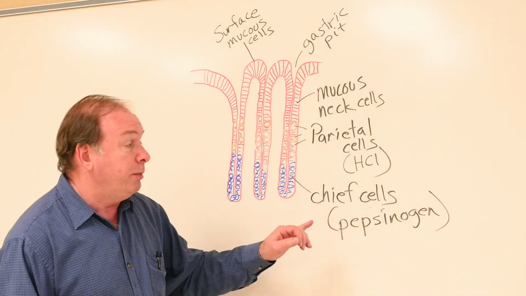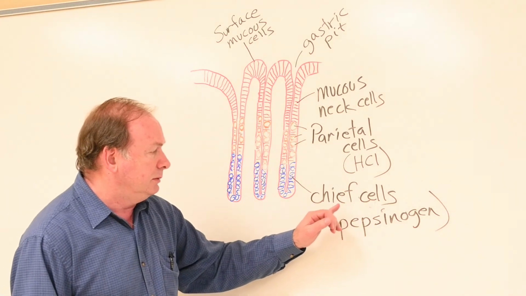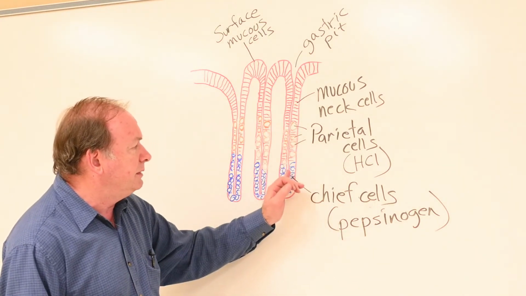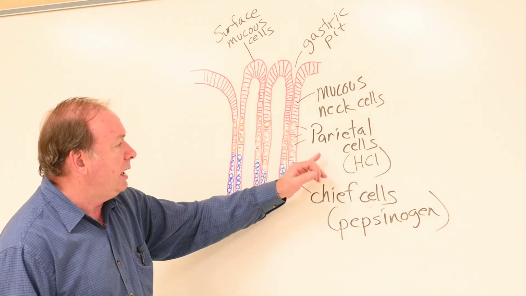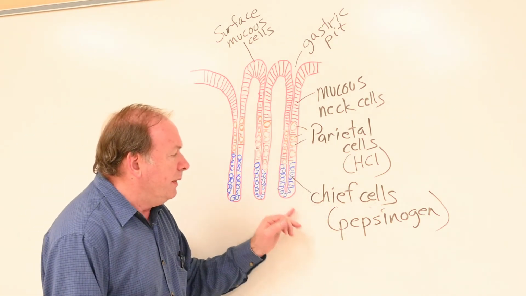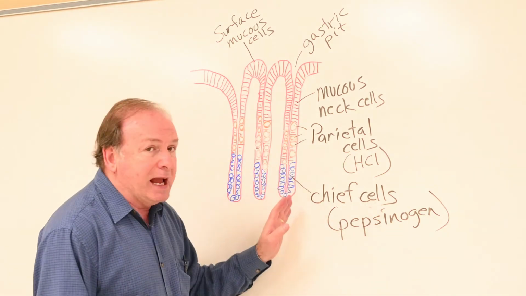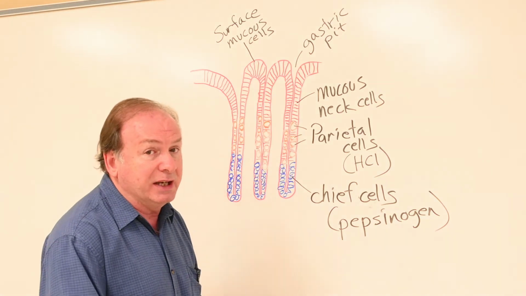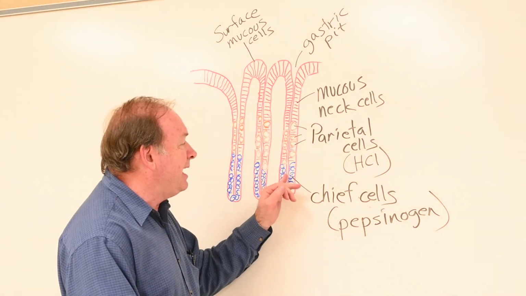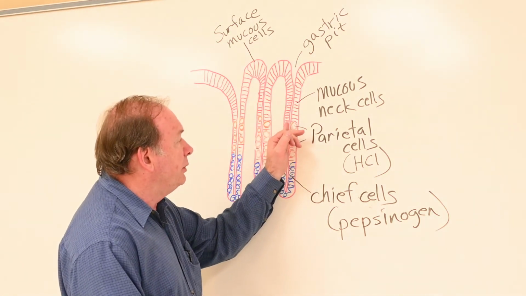So we're going to show here in a minute what's going on with the secretion of this pepsinogen and the hydrochloric acid. This pepsinogen is an inactive form of a protein digesting enzyme. So it's secreted in an inactive form and it moves up through here.